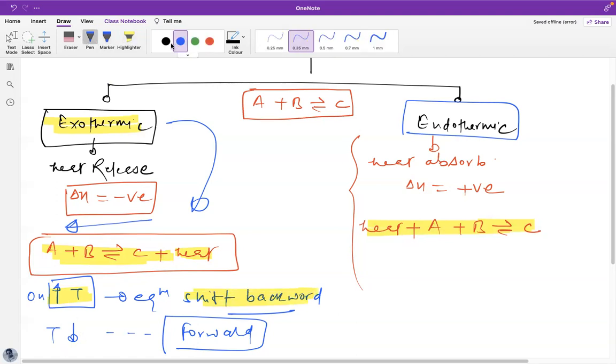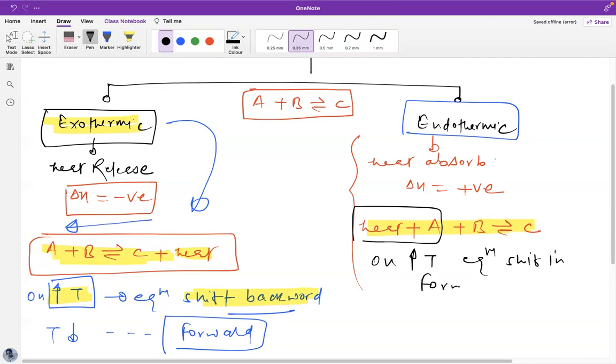Now we can write for endothermic. On increasing temperature, heat is present this time on the reactant side. It means the product has lower heat, so equilibrium shifts forward. Make sense? Please tell me.